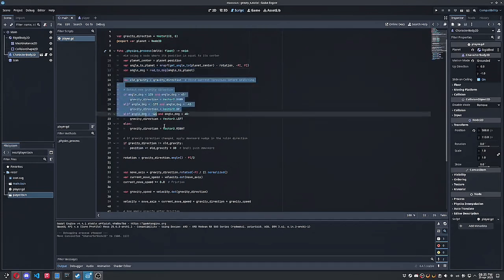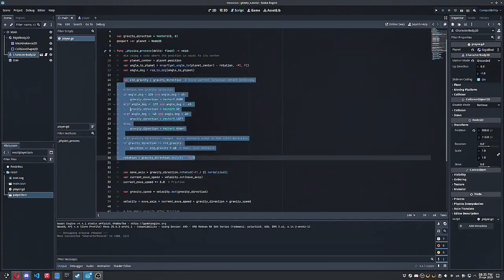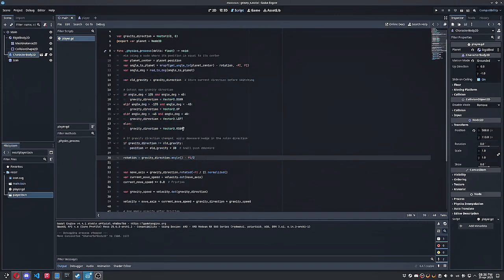And this right here is our actual gravity, if you could call it that. This controls our gravity detection. So basically, we're treating the cube, or the square, like it is a circle. But we're snapping the gravity direction to these 4 vectors instead of just letting it be whatever it wants to be.